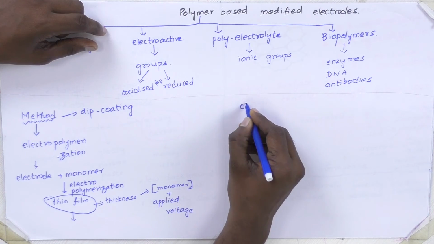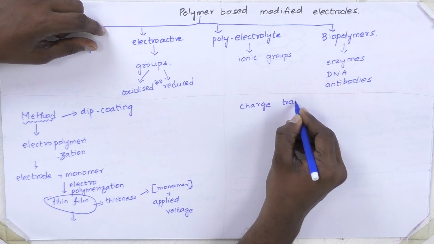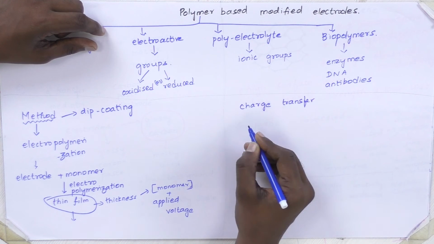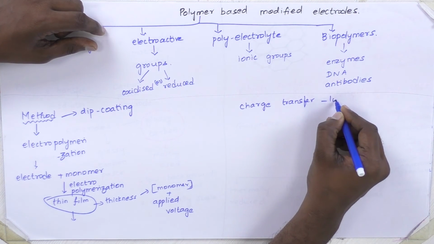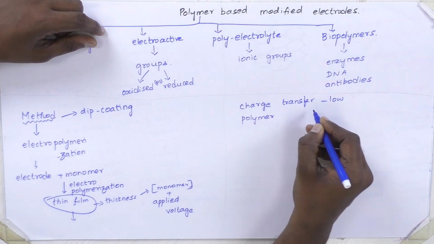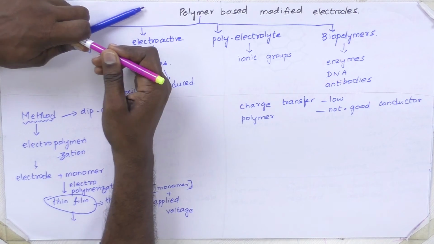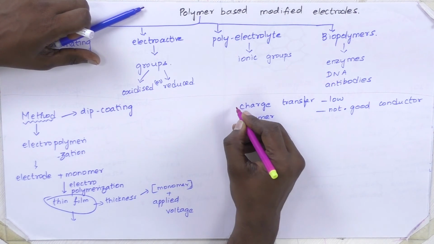If the charge transfer is low and the polymer is not a good conductor, in such a case it won't allow the analyte. The reaction lies underlying the electrode.